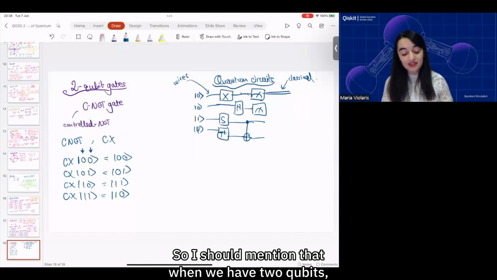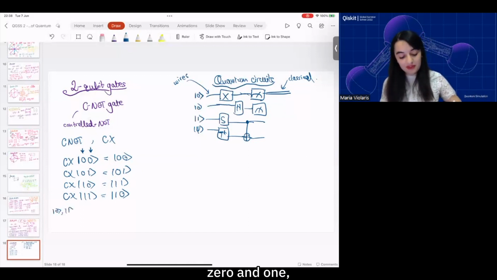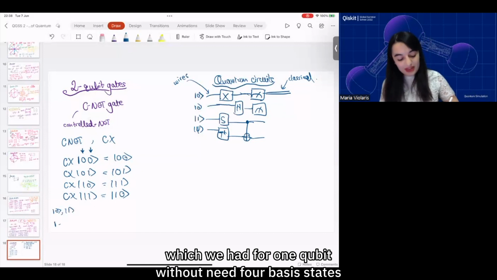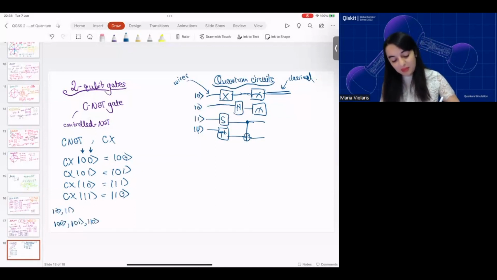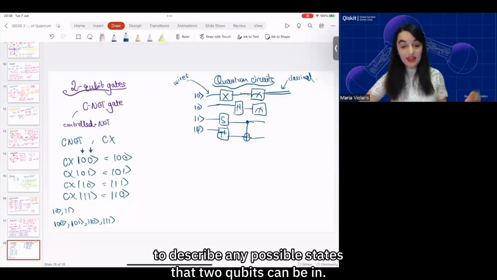I should mention that when we have 2 qubits, instead of just having 2 computational basis states, 0 and 1, which we had for 1 qubit, we now need 4 basis states to describe any possible state that 2 qubits can be in.